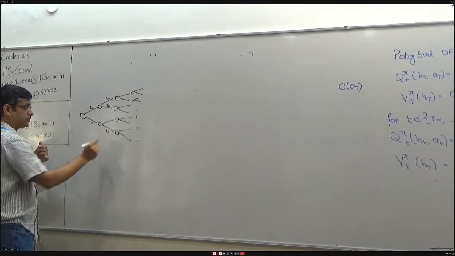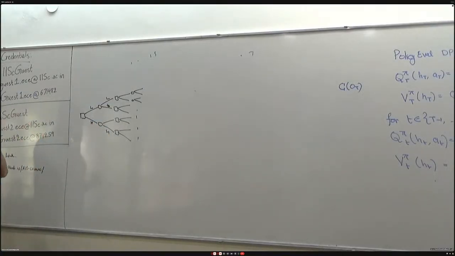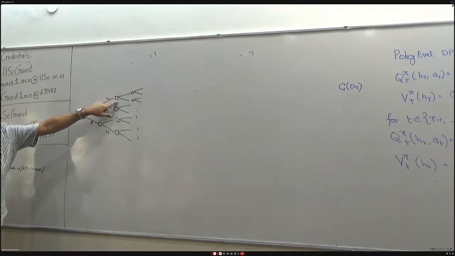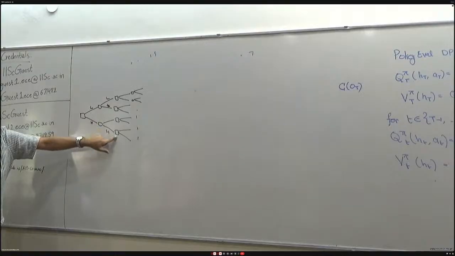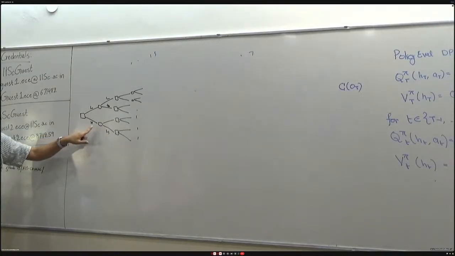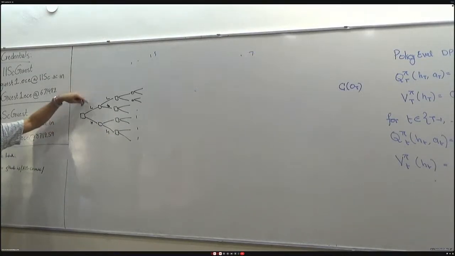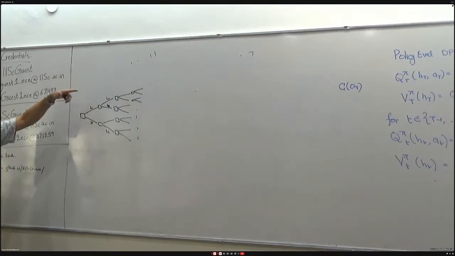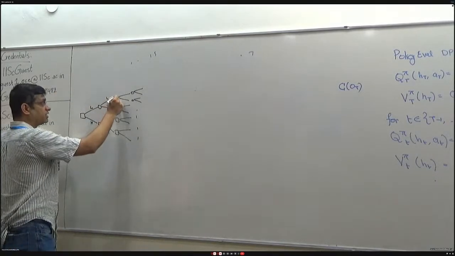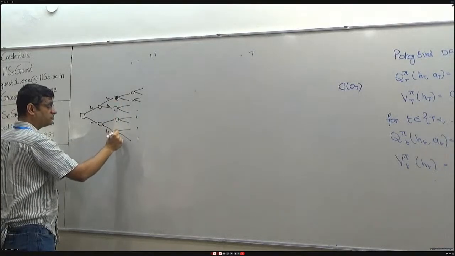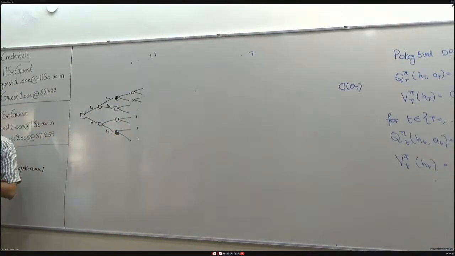Suppose if I ordered low amount and the demand was low, the amount of goods that I have here is the same as the amount of goods if I had ordered high and the demand was high. So let's say these were exactly the same numbers. Okay? So what this means is that at this stage and at this stage, I have the same amount of goods in my warehouse.